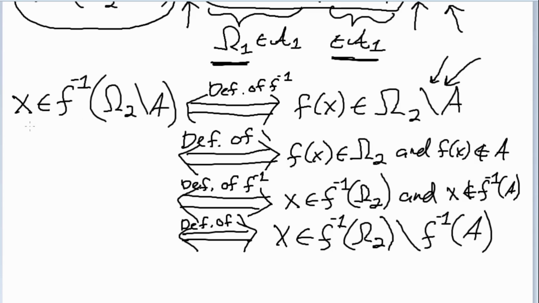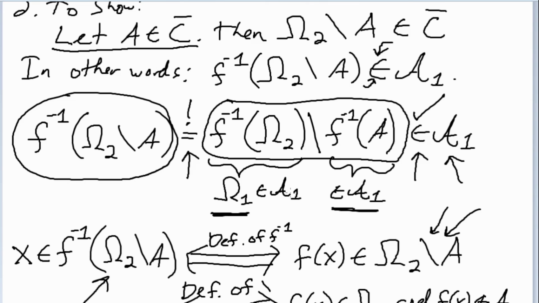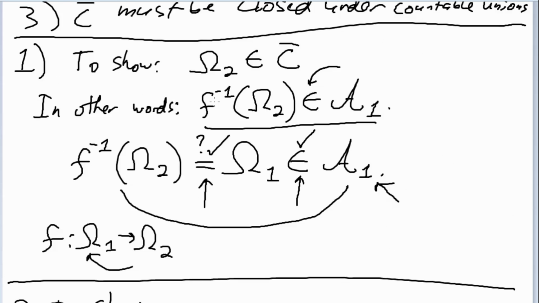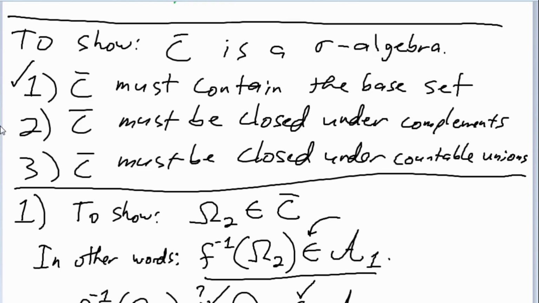So if x is in this, then it's also in this. And since all of these arrows go both ways, I have shown that these sets are indeed equal. So that part of the proof is also complete. Part 2 gets a check mark.